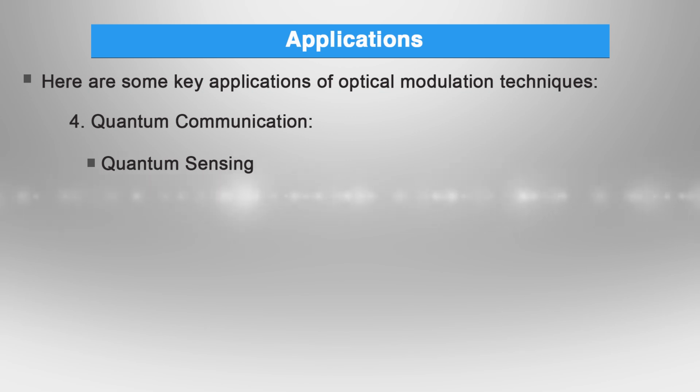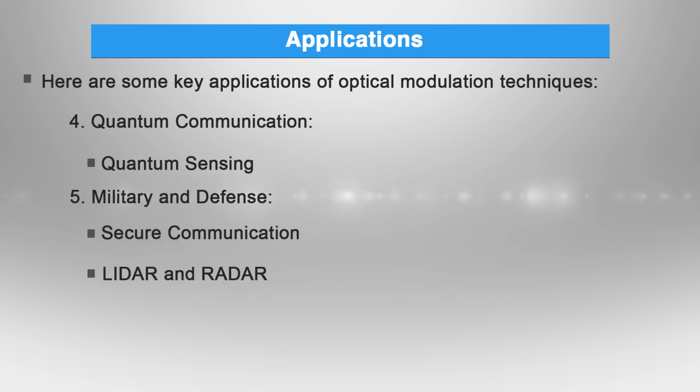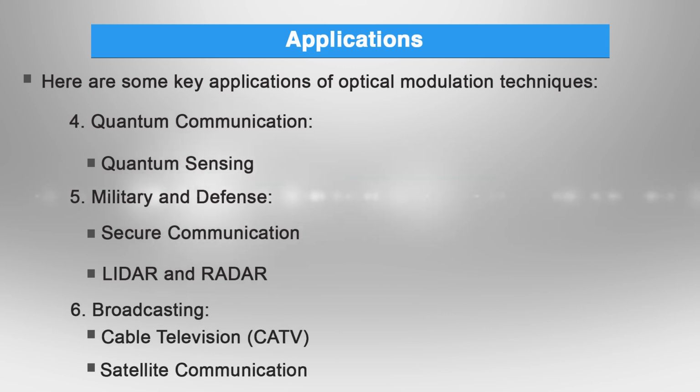Next is military and defense. It has secure communication. Optical modulation is employed in military communication systems to ensure secure high-speed data transmission. Techniques such as spread spectrum modulation help in protecting signals from interception and jamming. Next is broadcasting.